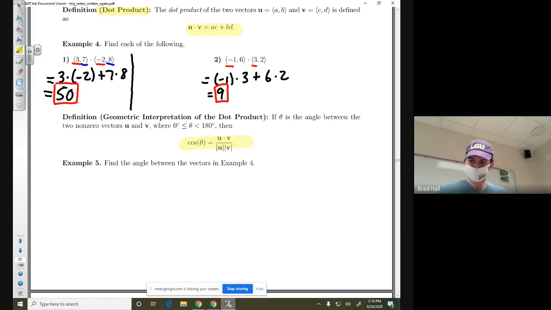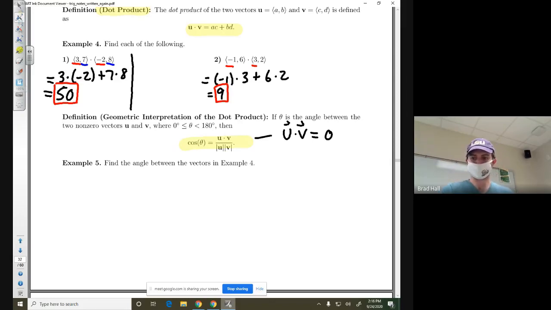So if vectors are perpendicular, then the dot product is going to equal 0. Again, you don't have to know any of this. So the dot product is 0.